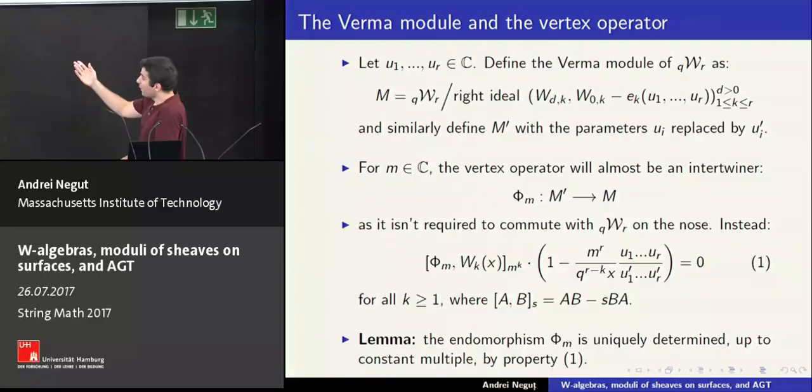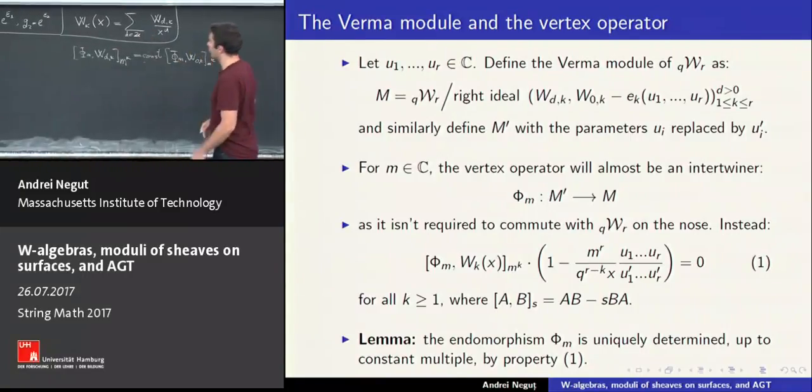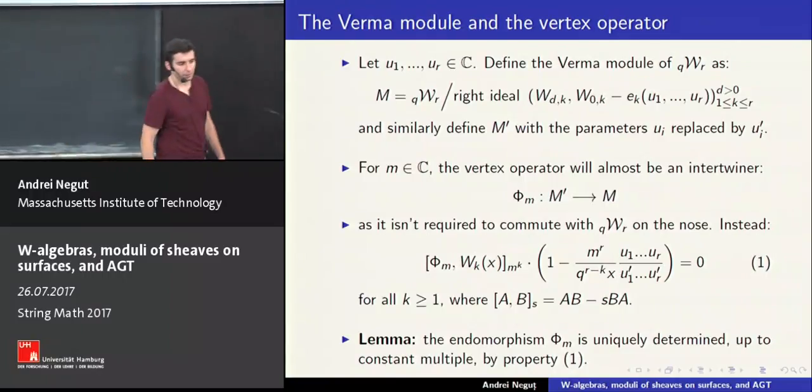So the lemma here is saying that there is a unique endomorphism phi defined by property 1 as we're stating it here. And this is why this particular operator, up to constant multiple, is uniquely determined. So wk of x is an infinite formal series, and care should be taken when expanding it.